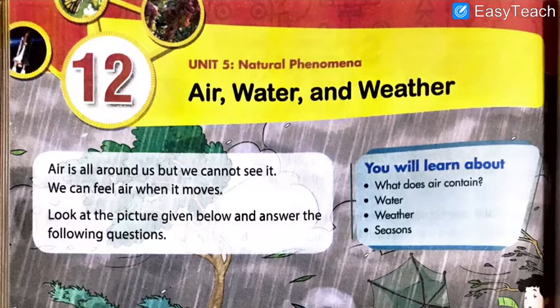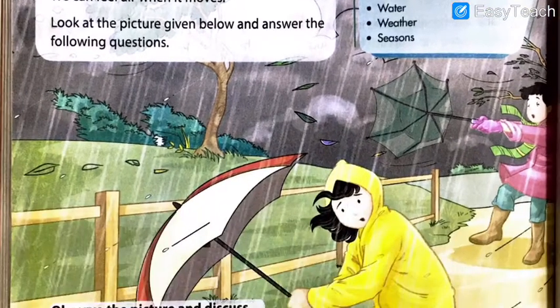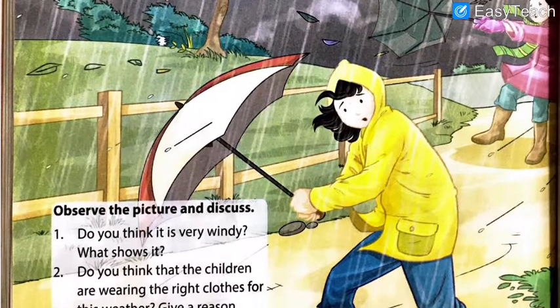So this is your textbook, page number 118, where chapter 12 starts, air, water and weather. In the previous lecture, we already solved this warm-up exercise, which we had to solve by looking at the picture.